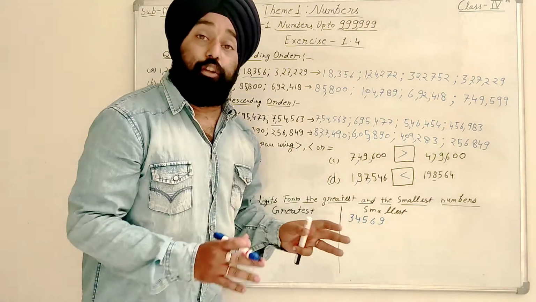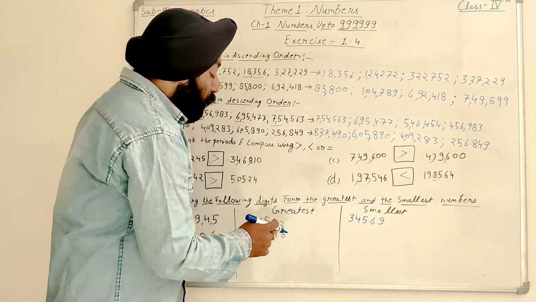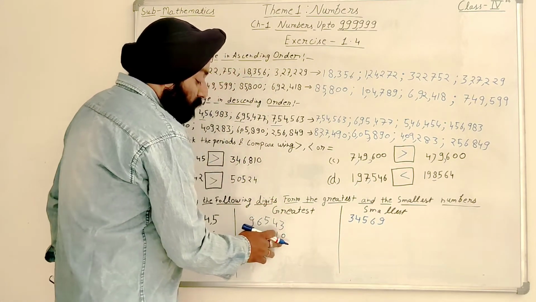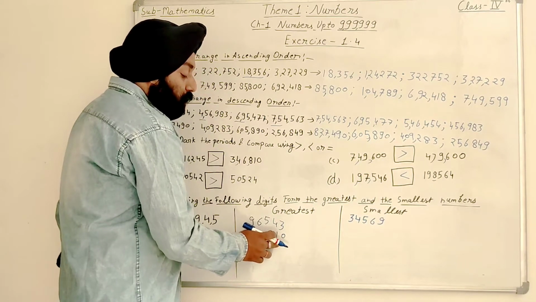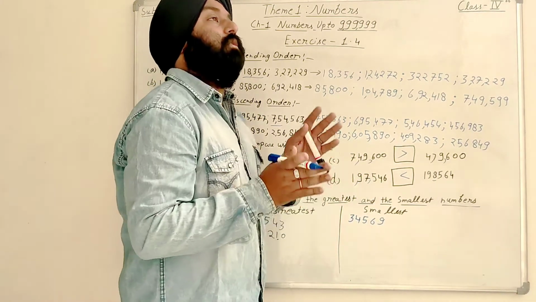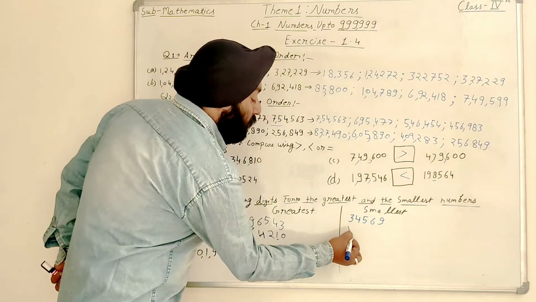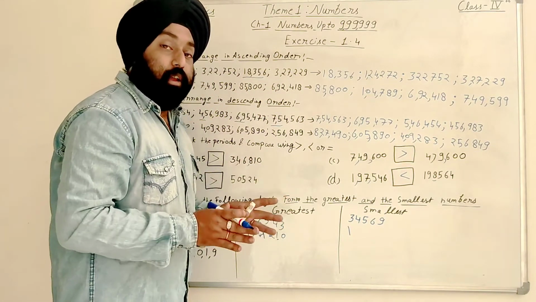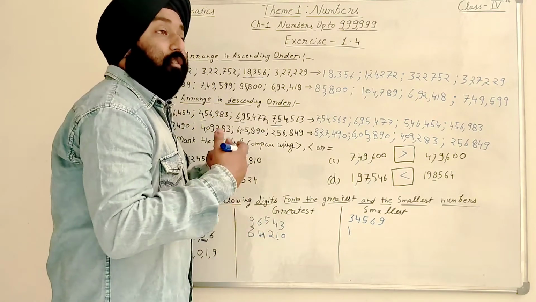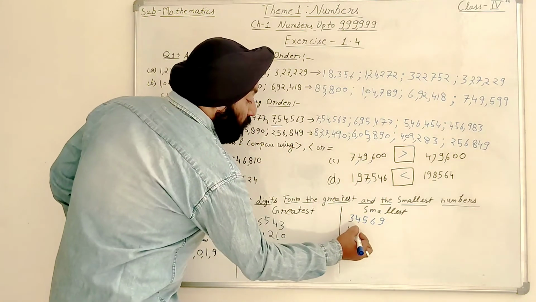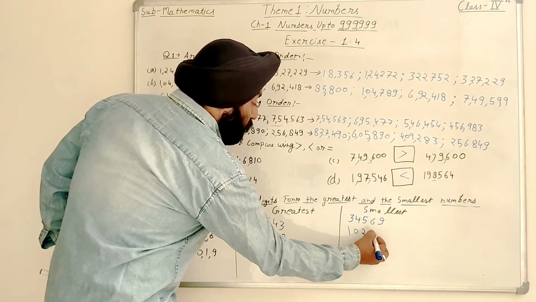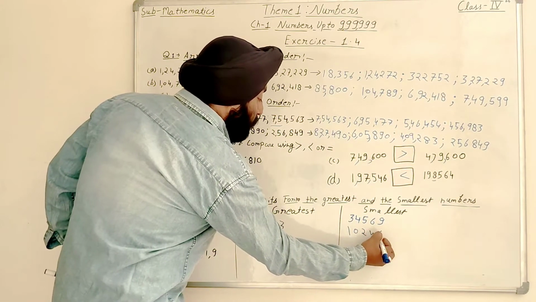But in the case of the smallest number, we have to start with the number next to 0. If there is 1, we start from 1. If there is 2, we start from 2. If there is 3, we start from 3. Afterward, we can put 0. So 1, 0, 2, 4, and 6.